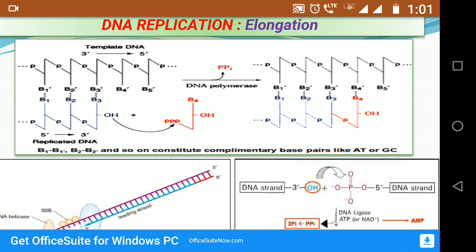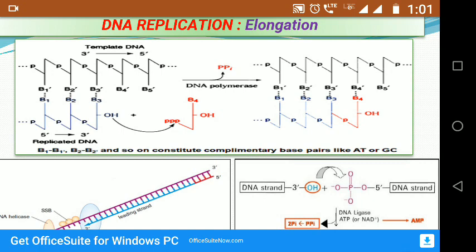So based on the base sequence in the template strand, the base sequence will be synthesized in the new strand. For A, the new strand will have T. For G, the new strand will have C. Okay, so this is elongation.